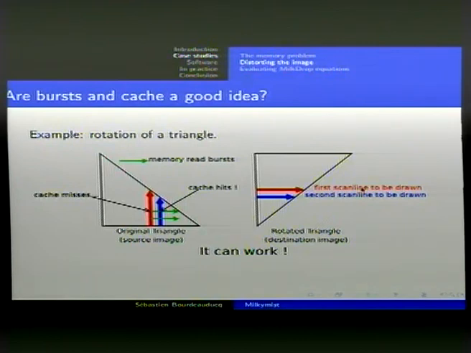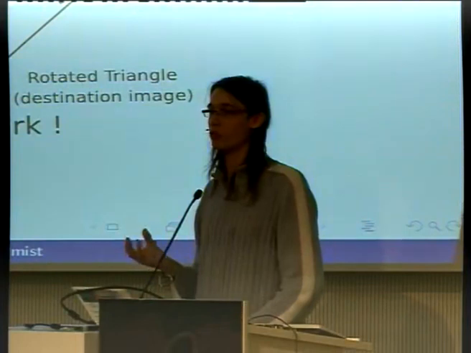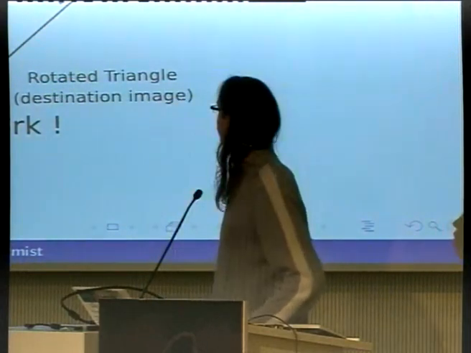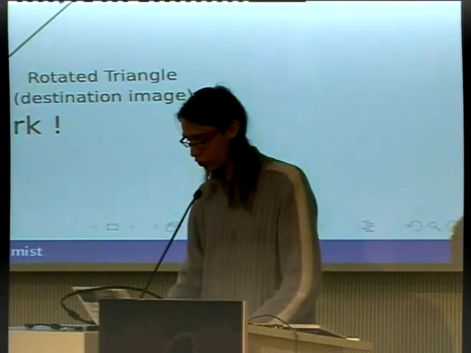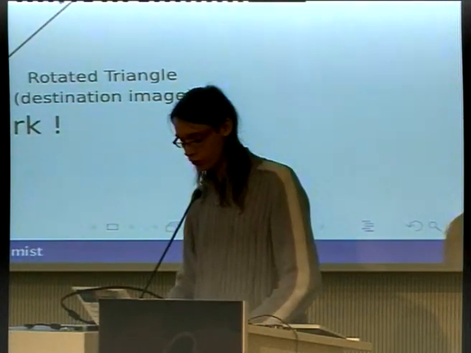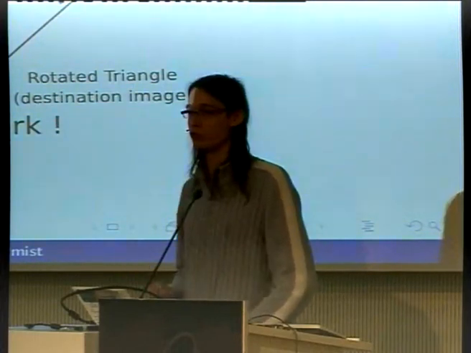And when you see what happens from the original triangle, which generates the memory reads, you can see that it tries to fetch data from here, in this order. So let's see what happens when you draw this scan line and then this one. You draw this one, and you fetch these pixels. These pixels are not in the cache, if you assume the cache is empty at the beginning.